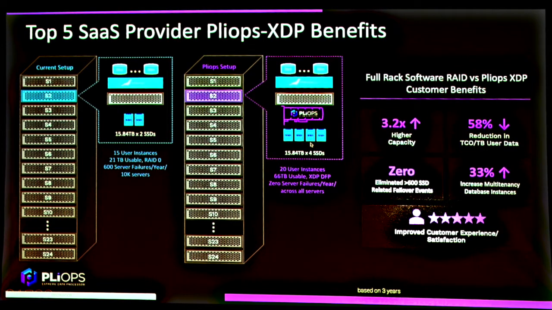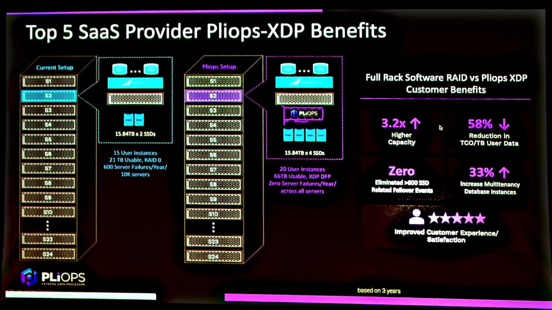And with us, they're able to increase the storage density from 21 terabyte to 60, and the user instances have increased from 15 to 20 user instances, with 3.2x higher capacity.